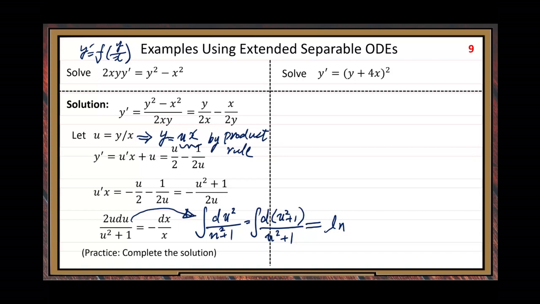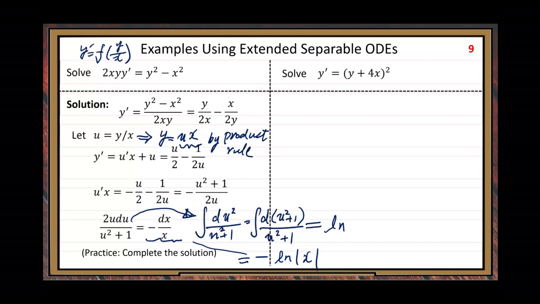For example, if you write this one, we can also use the same formula, so this one should be negative natural log of the absolute value of x. If you write natural log of x, it's wrong. So the standard formula for this integration, don't forget to put the absolute value. You may get it wrong. That's important. But here, do we need to put an absolute value?